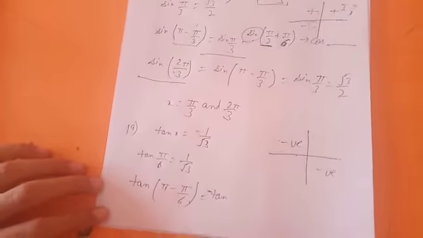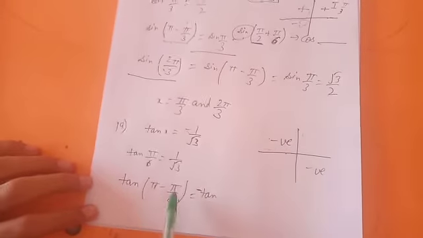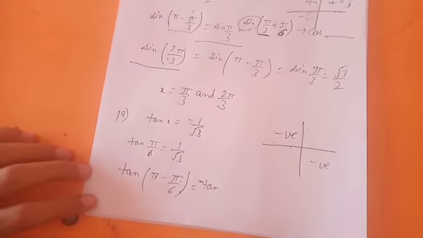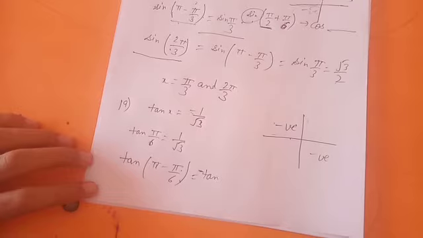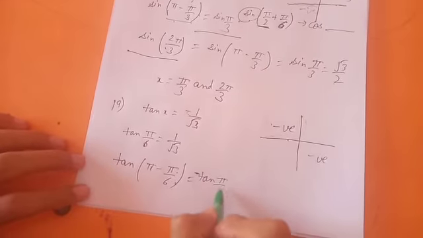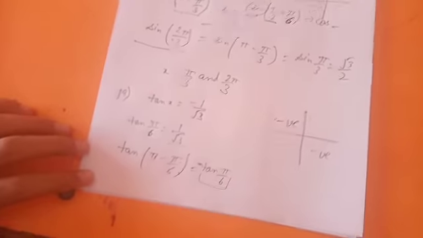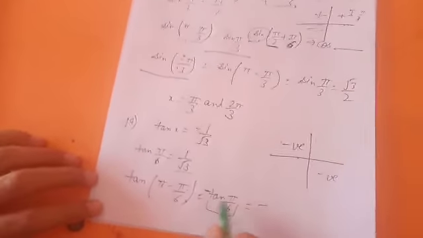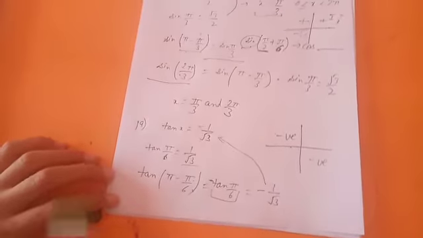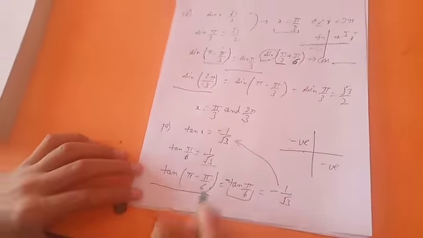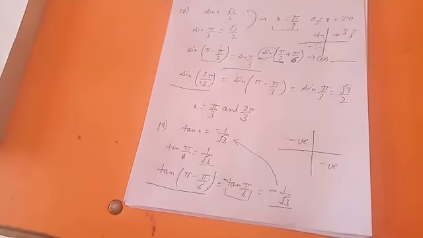Now tangent of pi minus x is equal to minus tangent x, and what is our x here? Pi by 6. Now tangent pi by 6 value is 1 by root 3, so the minus sign stays as it is. Tangent pi by 6 is 1 by root 3, the same that is given in my question. Means tangent of pi minus pi by 6 is equal to minus 1 by root 3.